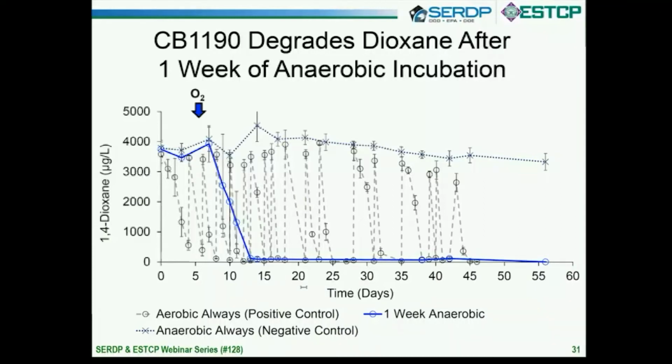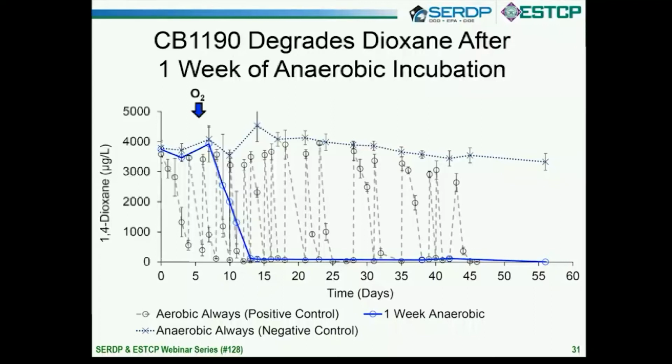We also have a negative control, that's the dotted flat line. No dioxane is degraded under anaerobic conditions. But the blue curve, what we are showing here is over 1 week of anaerobic incubation, when oxygen is added, dioxane is rapidly degraded the subsequent weeks.